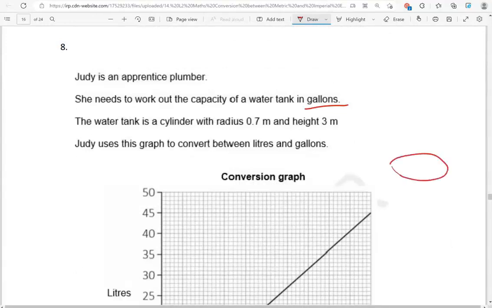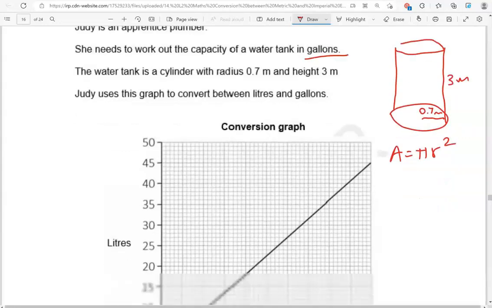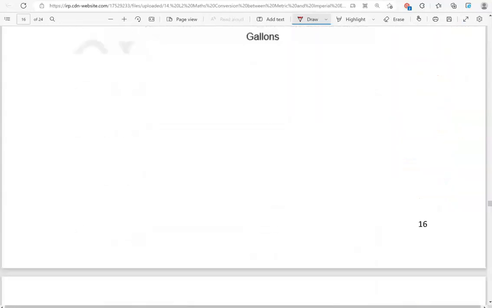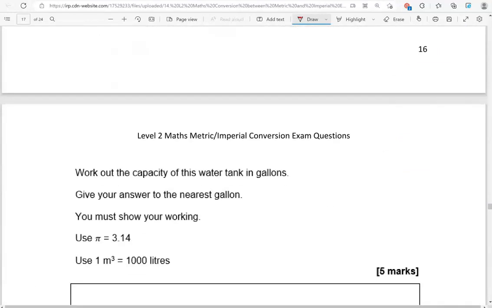If I draw a sketch of the cylinder, it's going to look like this. We're given the radius, which is 0.7 meters, and the height is 3 meters. To work out the volume, we need to work out the area of the base first, which is a circle. So area is pi r squared. Pi, we're given here, 3.14.